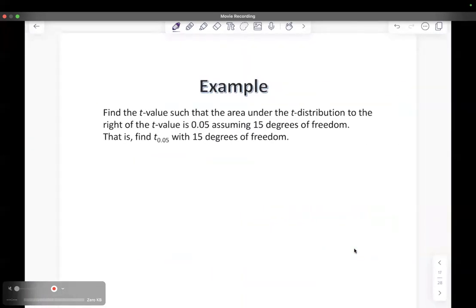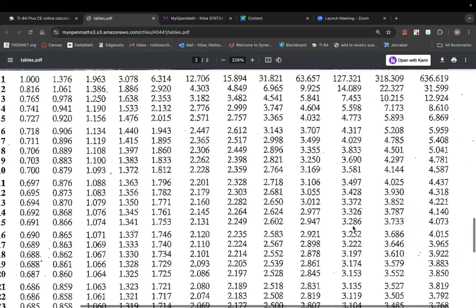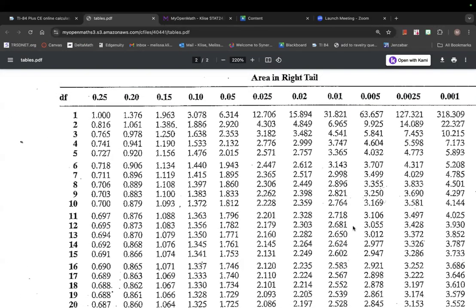All right. So I would like you to try this if you have a Z table, a T table. If not, I will go to one. So we're looking at a T value of 0.05. You're looking at 15 degrees of freedom. So if you don't have a T table, go ahead and look at mine.